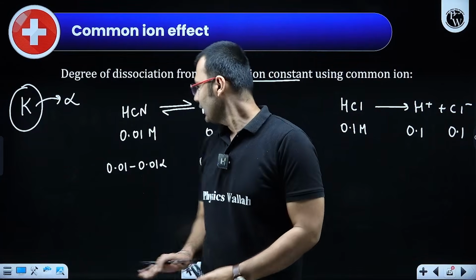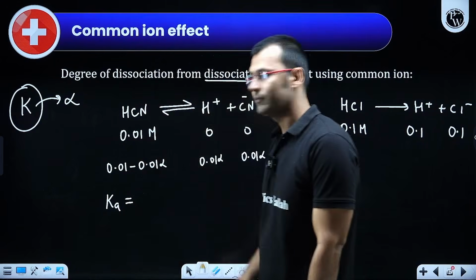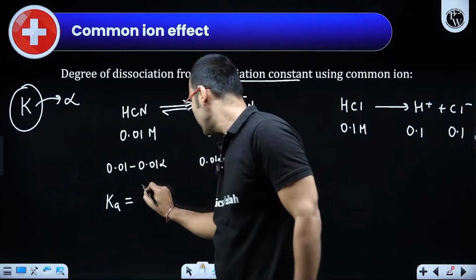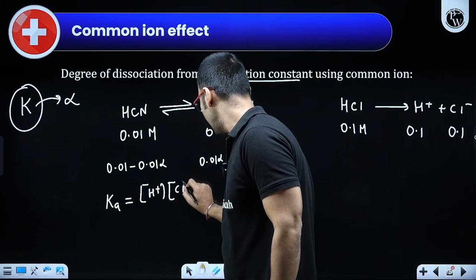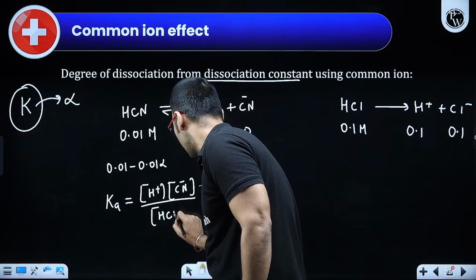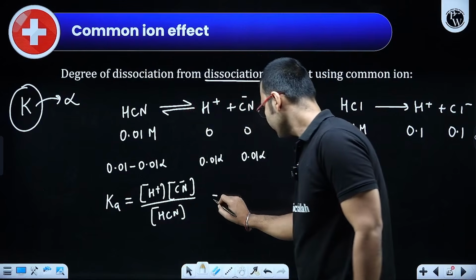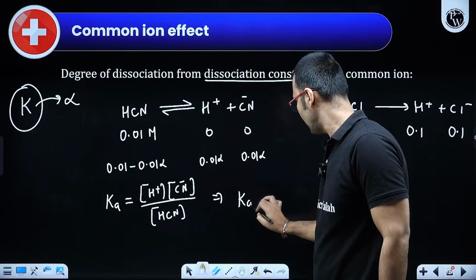Now suppose I calculate the dissociation constant Ka of this HCN. It will be concentration of H plus ion power 1 into concentration of cyanide power 1 divided by concentration of HCN power 1, right? Now in your questions the value of K will be given to you. K will be known to you.